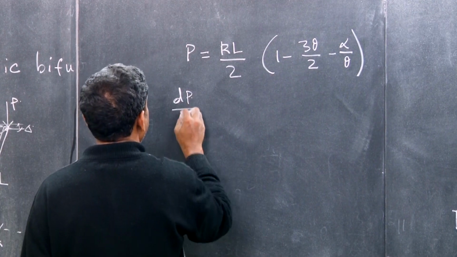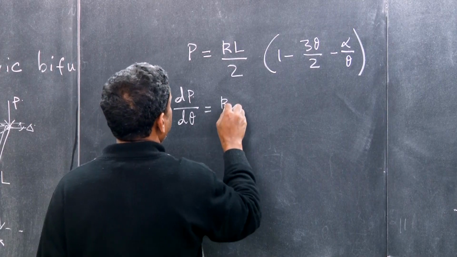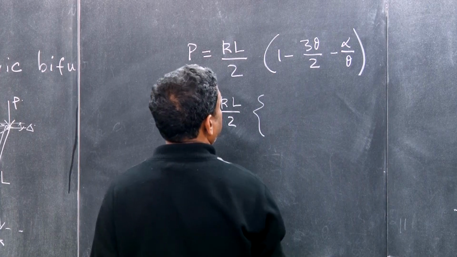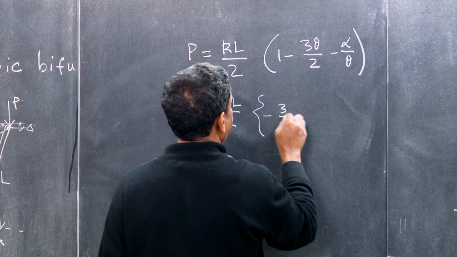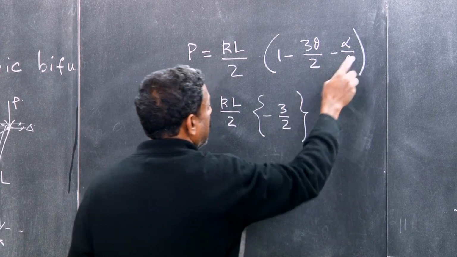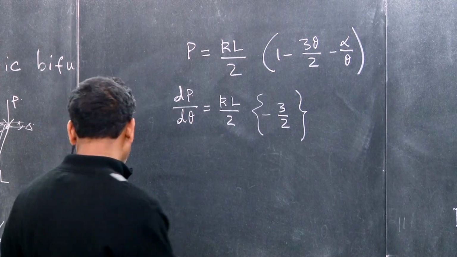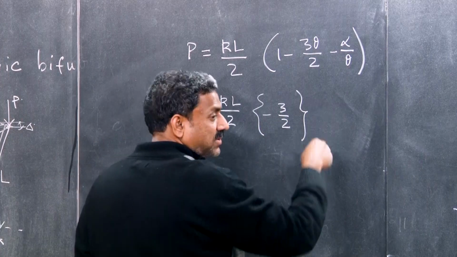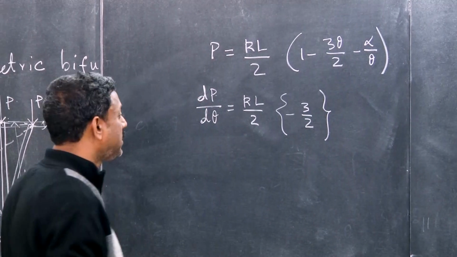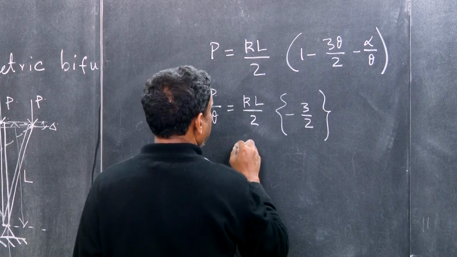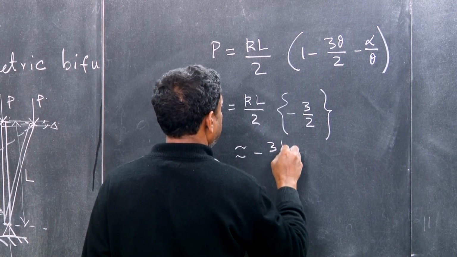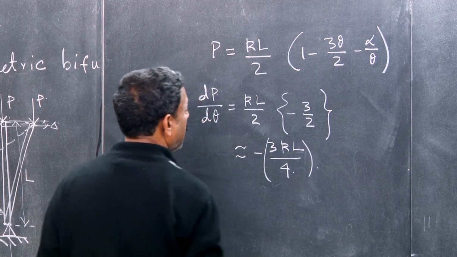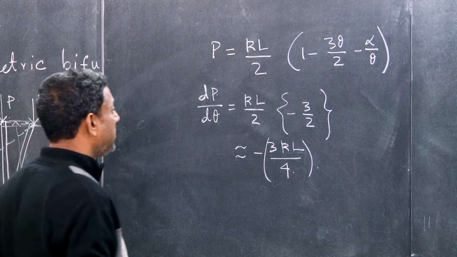So, dp d theta is what? dp d theta, neglect this, theta is equal to 0, it will be minus alpha by theta square, and then for very small theta we can neglect this thing, right. So, it will be minus 3, you see, okay.